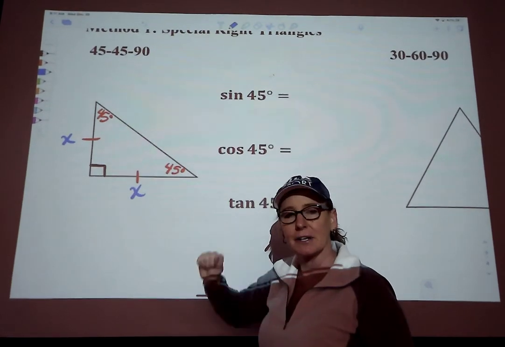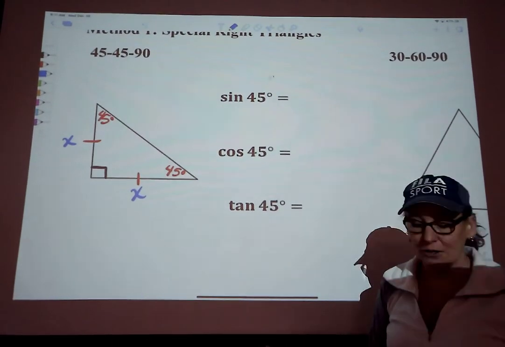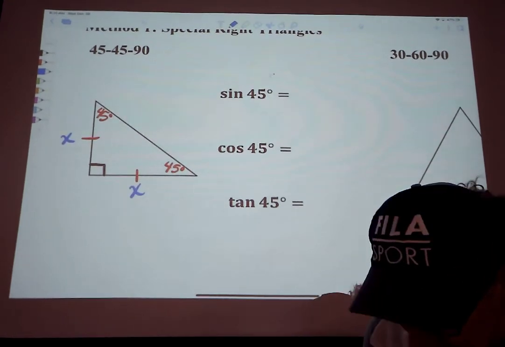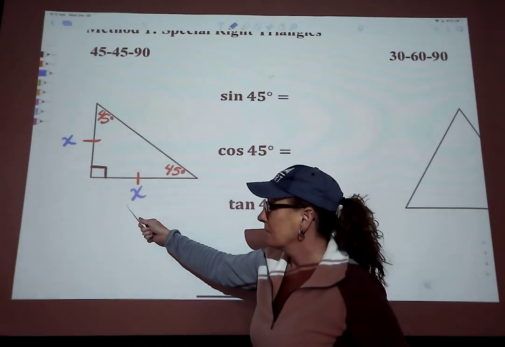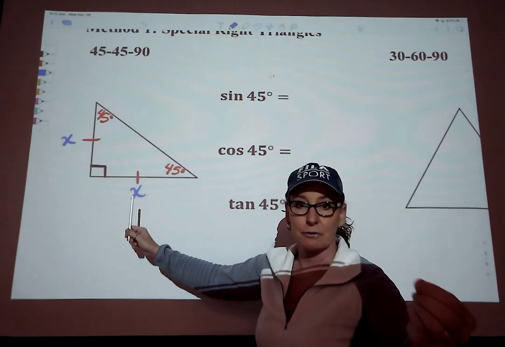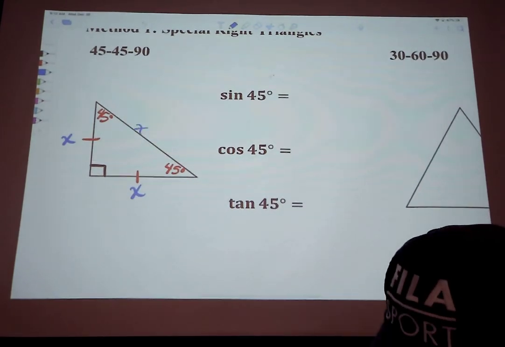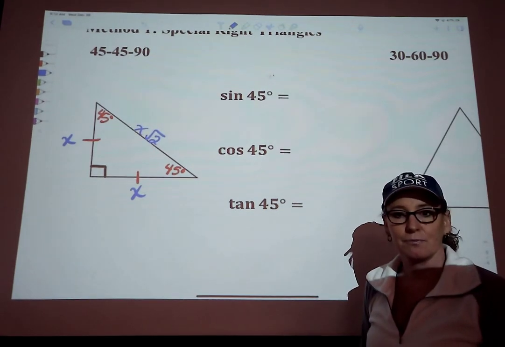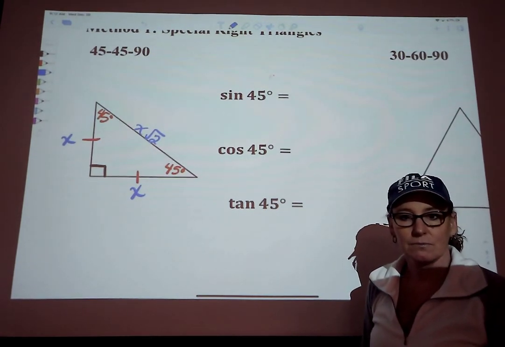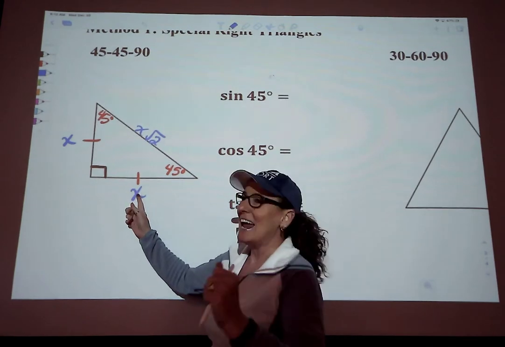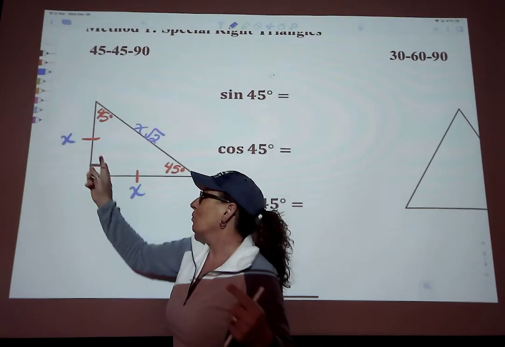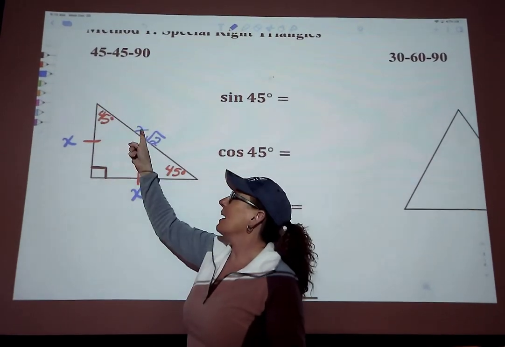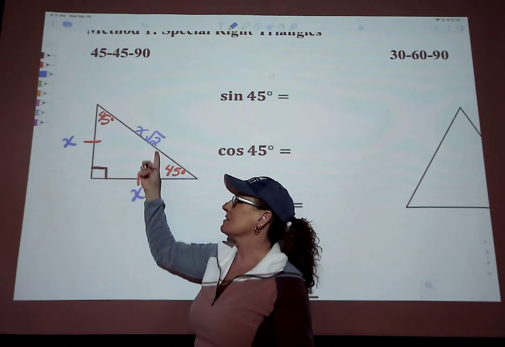There was a shortcut. Yes, you can use Pythagorean theorem, or you can say your hypotenuse is the leg length times the square root of 2. Ready? This can be anything. This has to be whatever this is, and this has to be whatever this is times square root of 2.